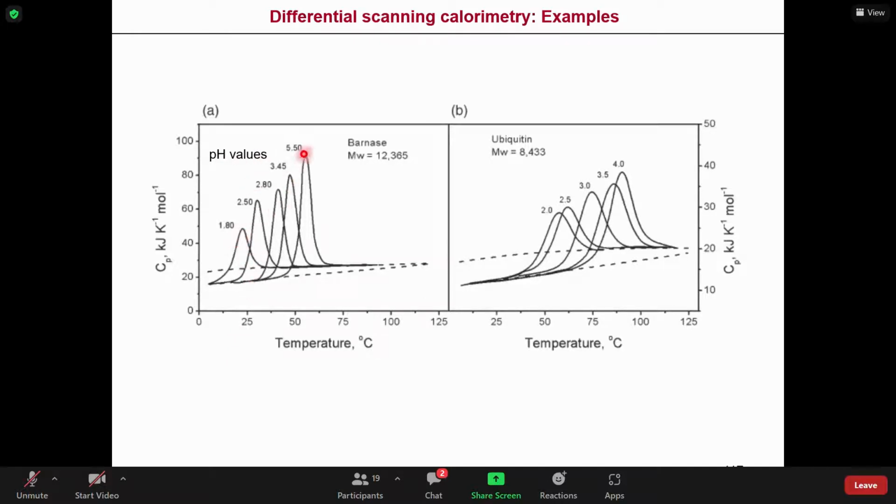Here you can see that at pH 5.5, the protein is more stable than at pH 1.8, because the melting temperature is higher at pH 5.5. In the same way, ubiquitin is more stable at pH 4 than at pH 2.